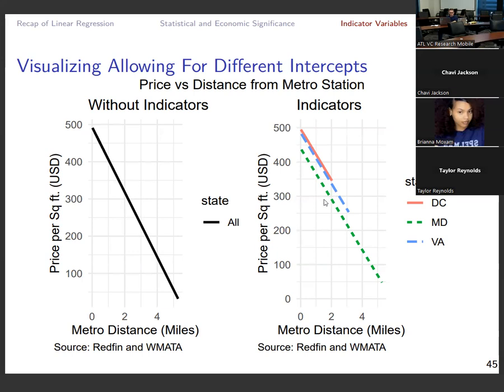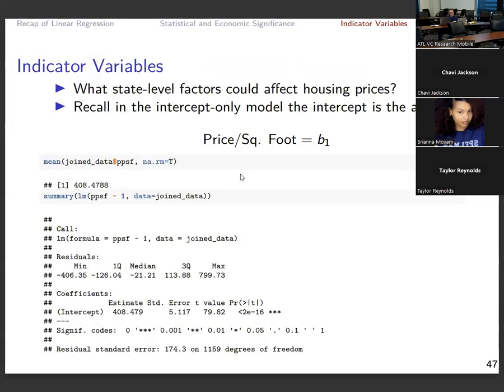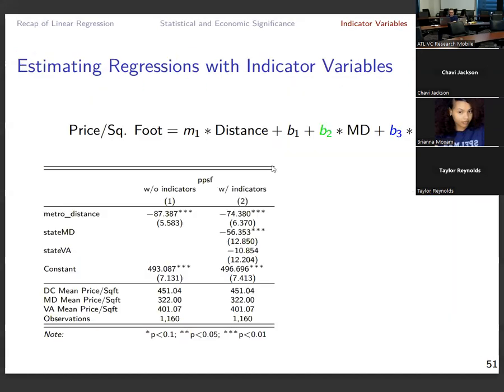Whereas for Maryland, the vertical distance between the two is big enough and precise enough to allow me to reject that they are the same. In other words, that Maryland and DC are the same. Making sense? And this is another way of seeing it when we just put it into a table.